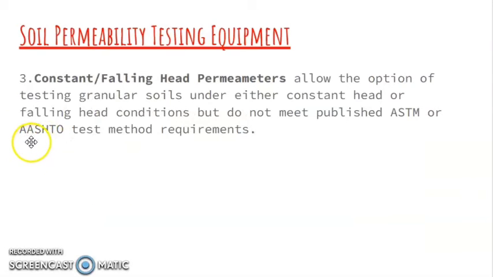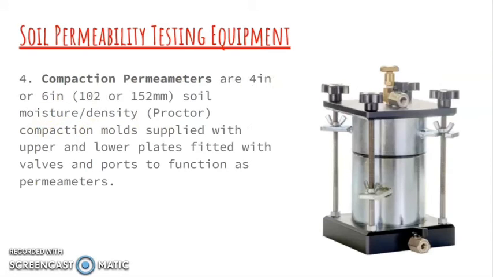Okay, the third equipment is the constant or falling head permeameter. It allows the option of testing granular soils under either constant head or falling head conditions, but does not meet published ASTM or AASHTO test method requirements.